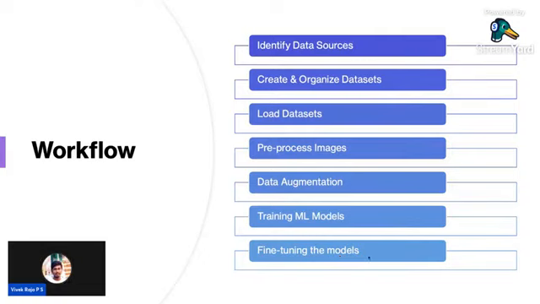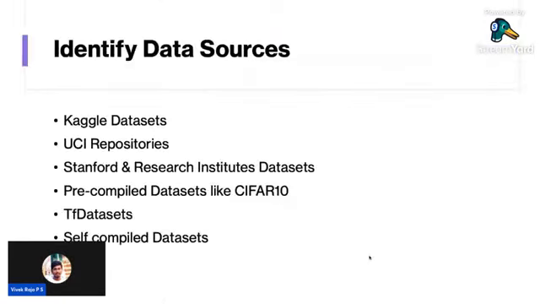So in this session, we'll be trying to address every single step of the workflow so that we'll be able to follow the same to achieve our end target of doing a proper image classification or processing problem. Before we get started with hands-on, let's try to understand each step in a detailed way.